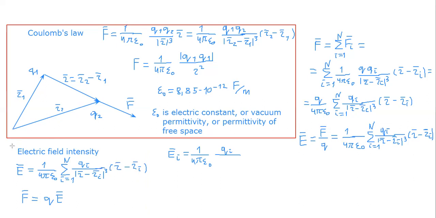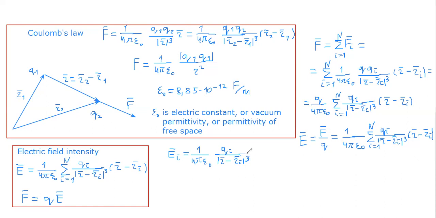So the modulus of r minus r_i in third order, and here the vector r minus r_i. Okay, that's good.